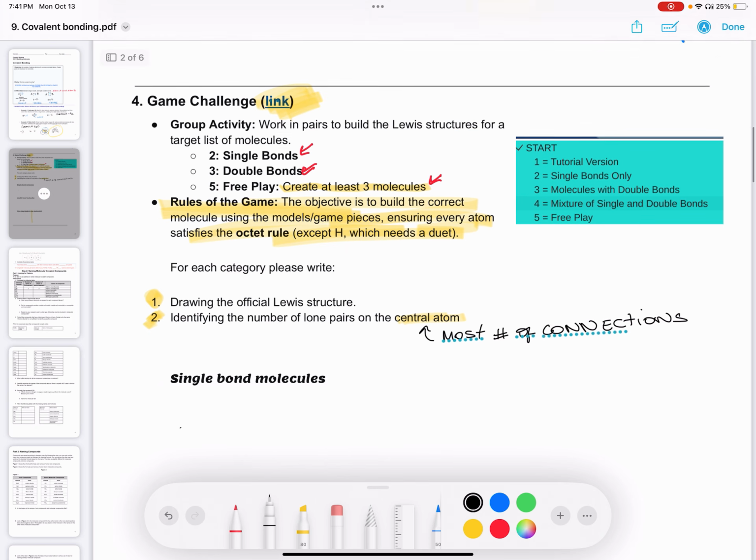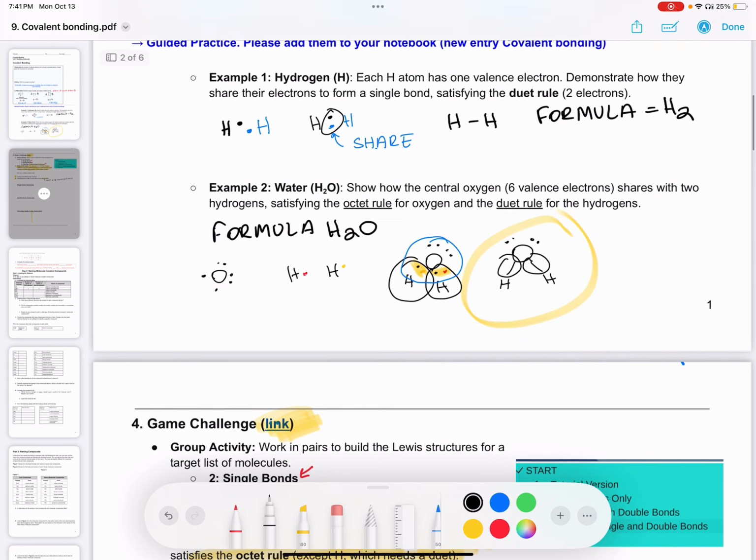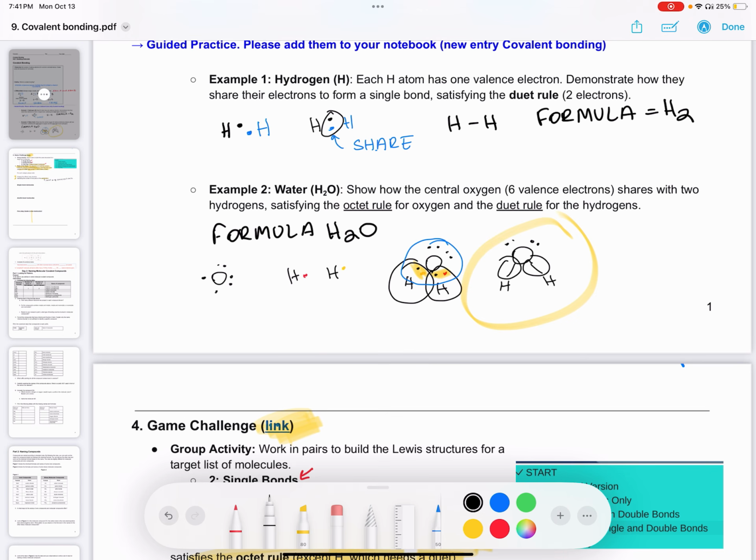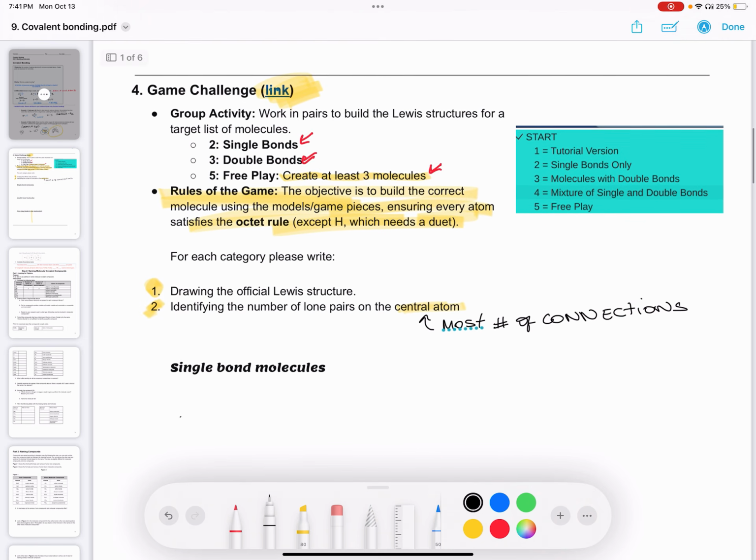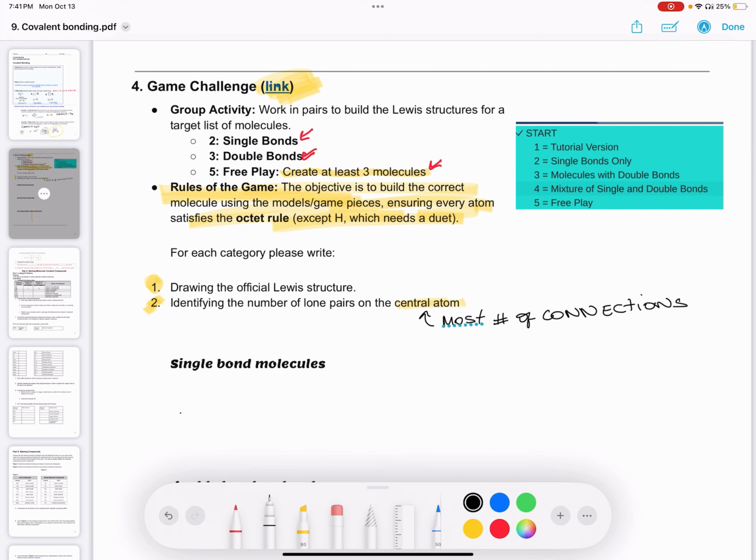Okay, just like a puzzle piece, you're not going to put in the middle something that can only make one connection, right? So for example, the oxygen and the hydrogen, each hydrogen can only make one connection. There's only one unpaired electron, whereas oxygen can make 2 connections. That's why that kind of went in the middle. So you put in the middle the one that can make the most connections. Okay. Usually people also say the one that's least electronegative. Okay, so that's another way of saying it.